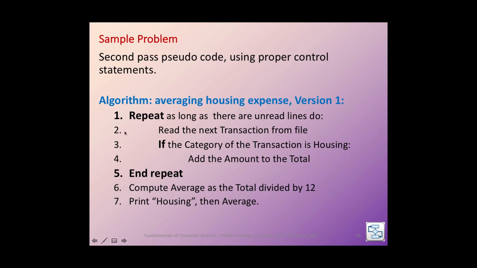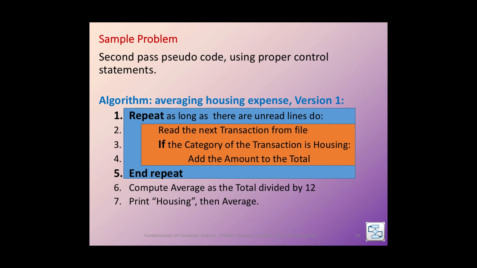This structure has 4 lines, and since that's more than one, we have to explicitly say where the loop ends. So we can see that the loop is lines 1 through 5. What's in the orange rectangle here are those statements which are repeated through each iteration of the loop.